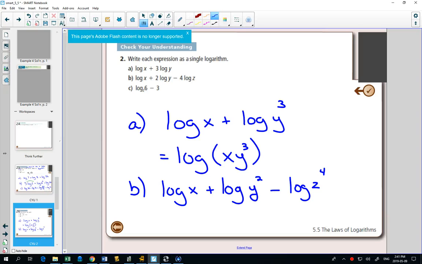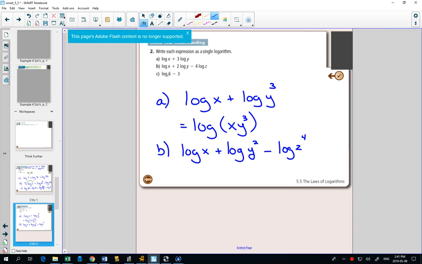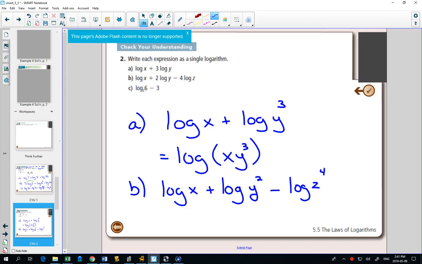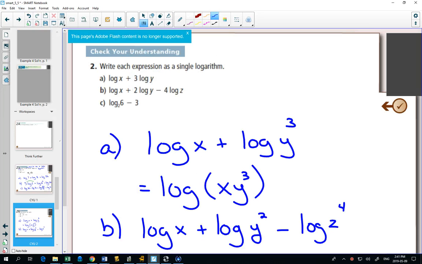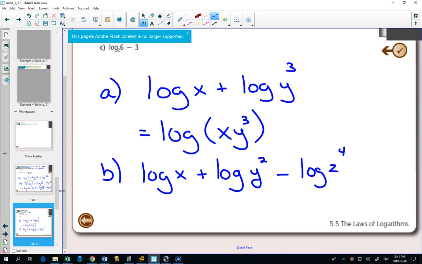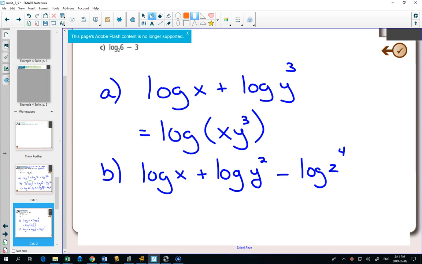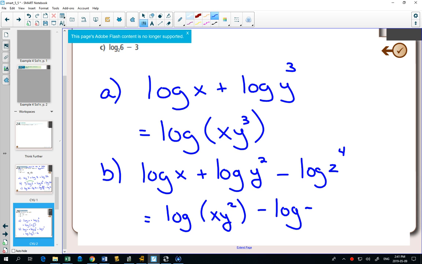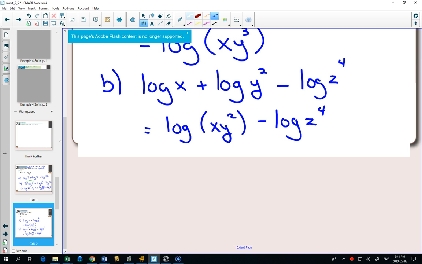Now, a log plus a log, the first two, I could combine, because adding is multiplying, so I get log x y squared, and then I still have minus log z to the 4.